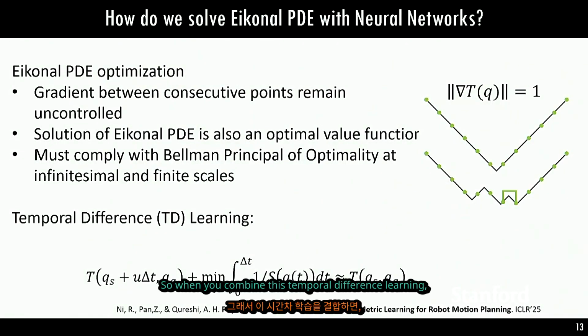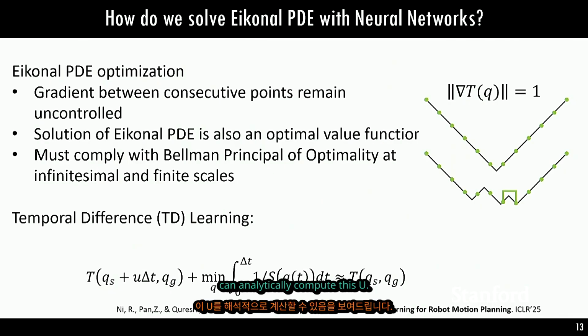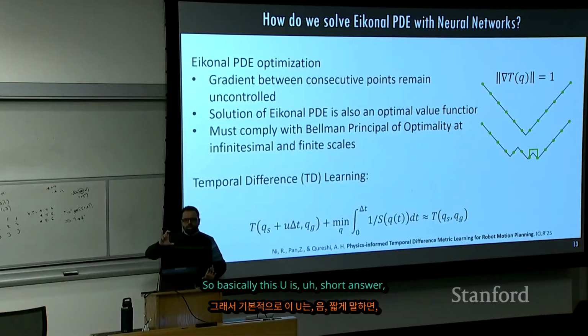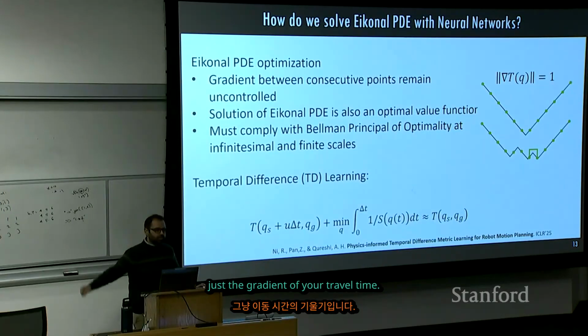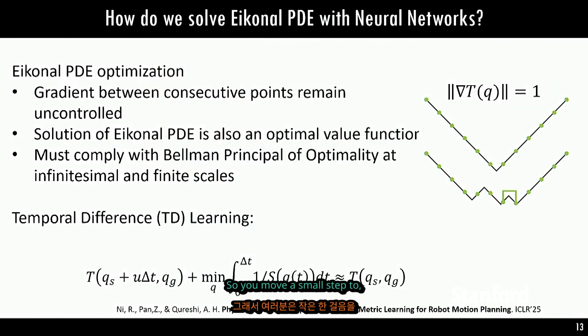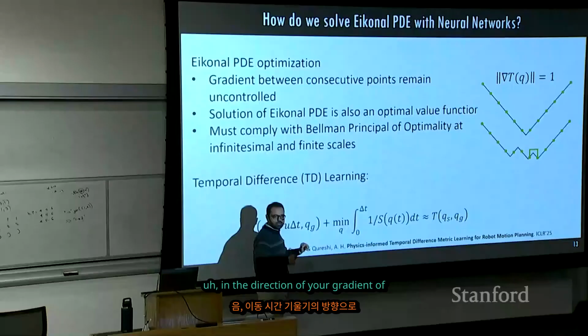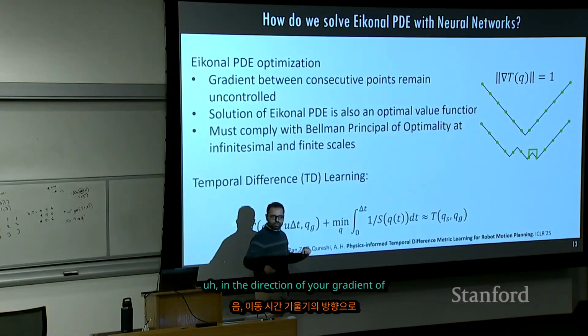When you combine this temporal difference learning, in our paper we show how you can analytically compute this u. How can you perturb this QS in a direction that will give you the next conjective state? The short answer is that u is just the gradient of your travel time. You move a small step in the direction of the gradient of your travel time.